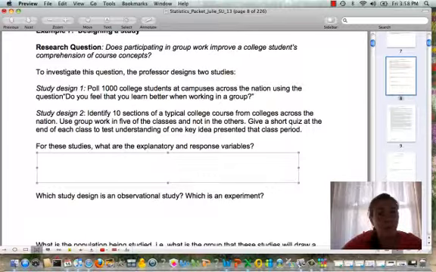If we look back at our vocabulary in your packet, we see that the explanatory variable is defined as the variable that may explain or even cause the change. So in this case, the group work is what's going to improve a college student's comprehension according to the research question. So group work would be the explanatory variable. So let's take a minute and note that down on our papers.